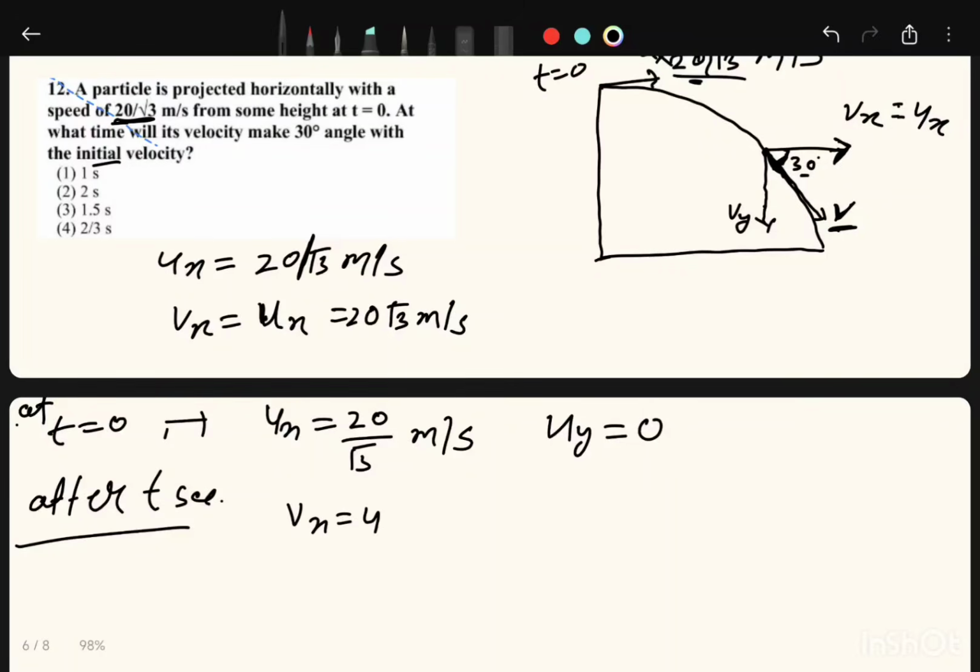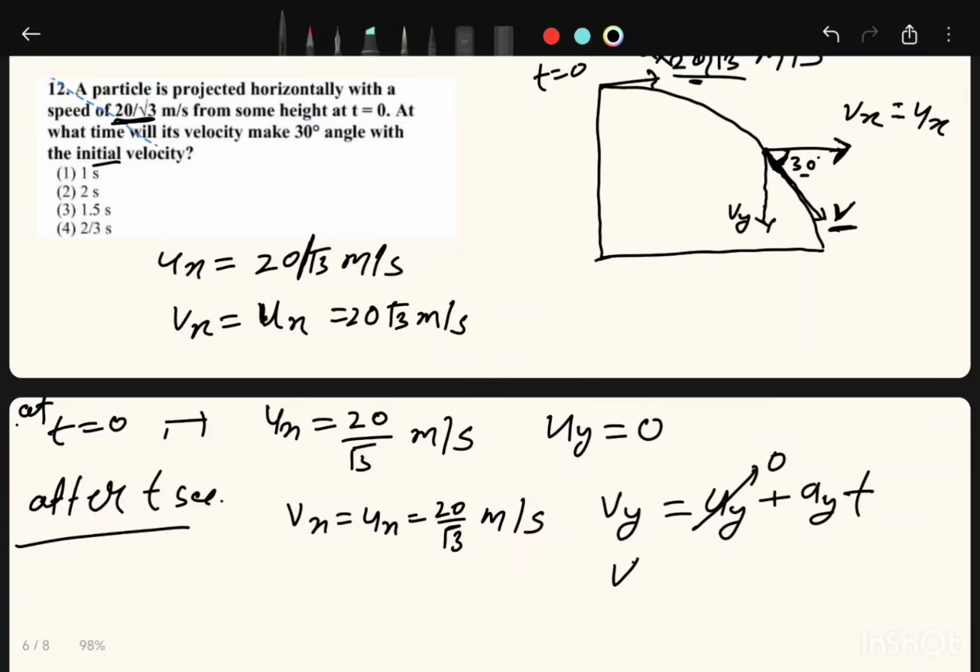Vx will be equal to ux, that is already understood, I hope. And vy will change, right? The formula we know is v equal to u plus at. So vy will be equal to uy plus ay t. Uy is 0, so vy will be g t, right?